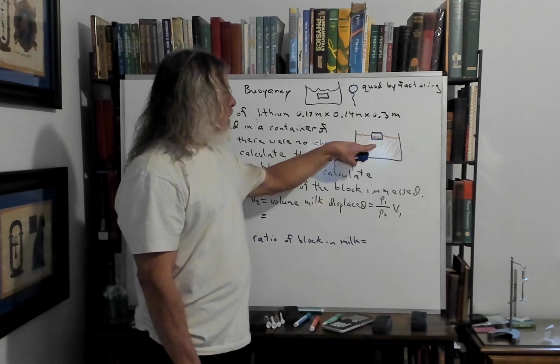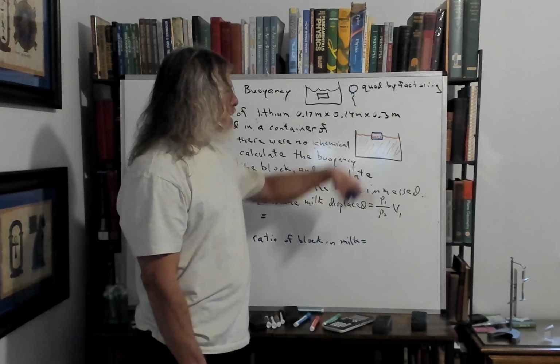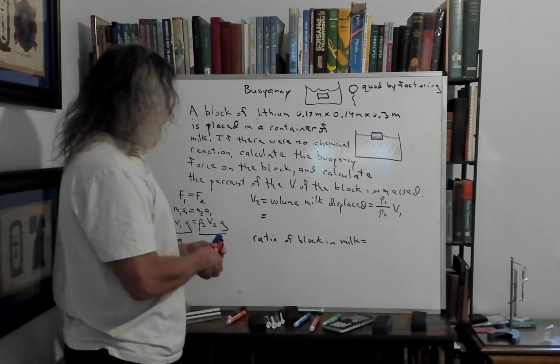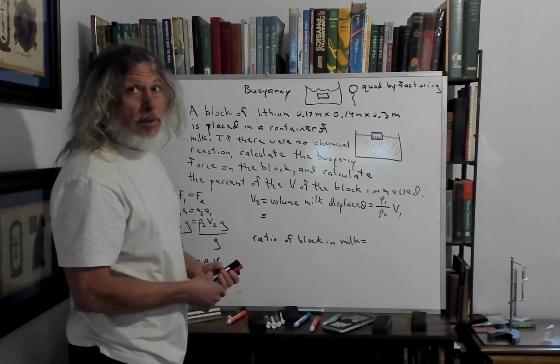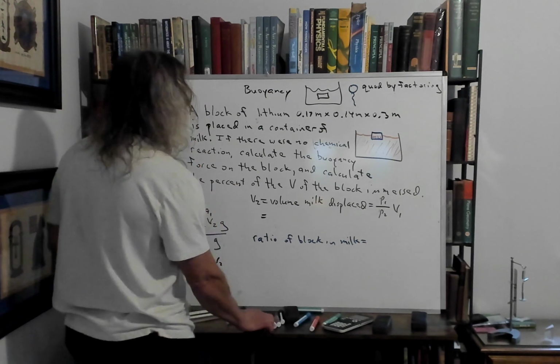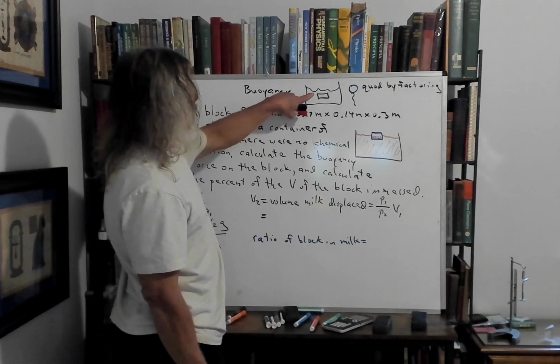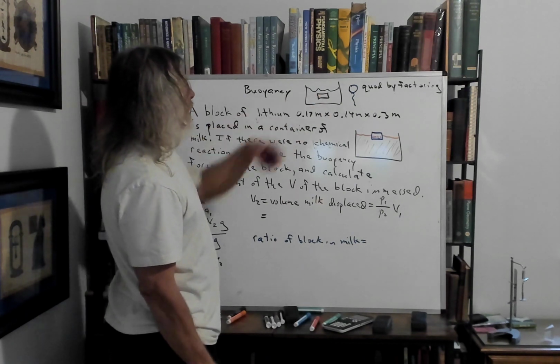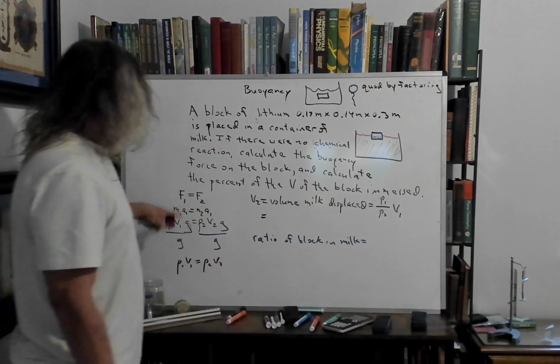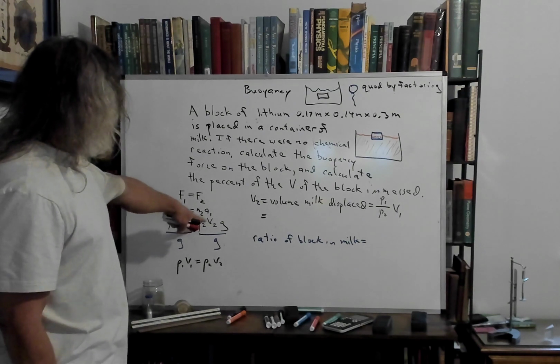This volume times density of milk would be the mass of milk displaced. And that's the part that does the pushing on the thing, gives buoyant force. Okay, so buoyancy, the force on the thing, because F equals ma and forces are balanced. Hence, rho Vg is rho Vg.